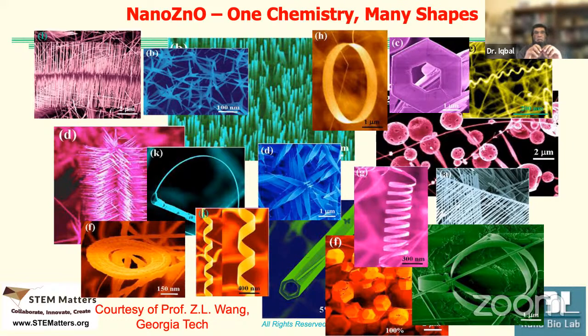By playing with intermediary molecules or with the end groups or functional groups, they have created self-assembled nanostructures from zinc oxide. Same material, just by playing with the chemistry, some parts here and there, we can create many different forms and shapes of nanomaterial.